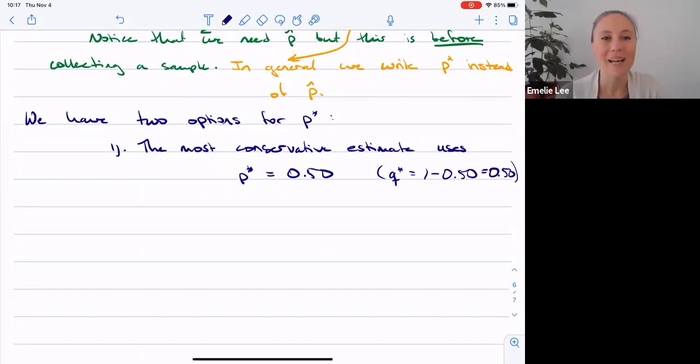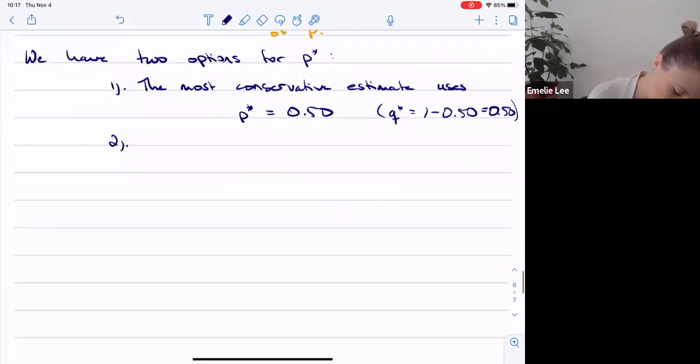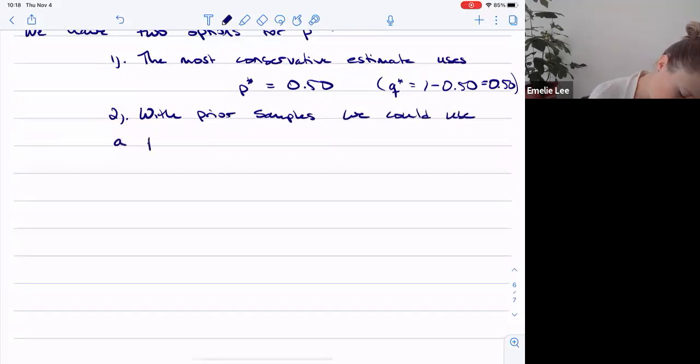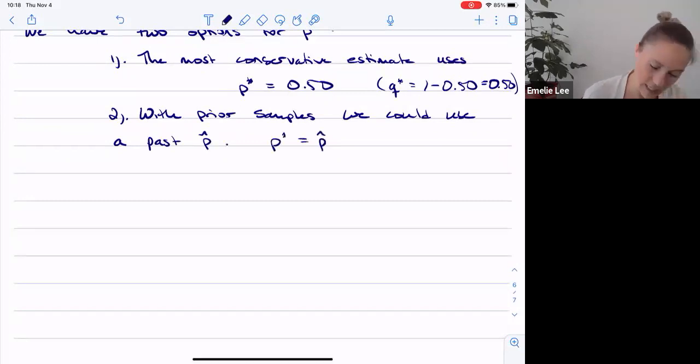Option two: if you have some prior knowledge, so if you've collected past samples, you could use those sample proportions. So with prior knowledge or prior samples, we could use a past P hat. Then P star is equal to some P hat from a previous study.